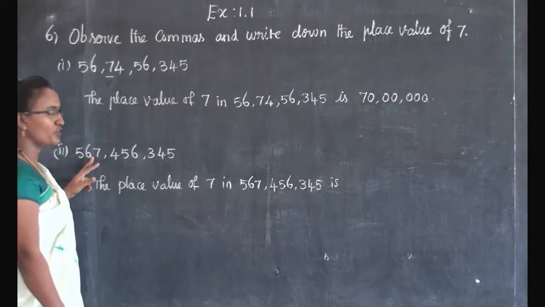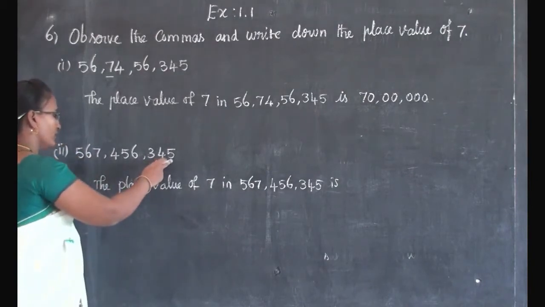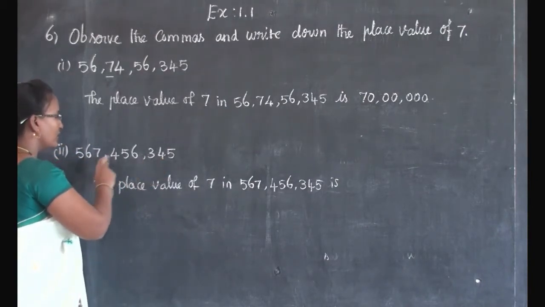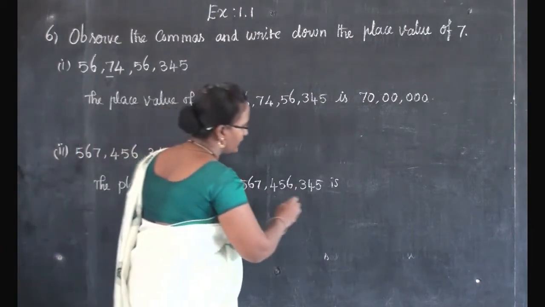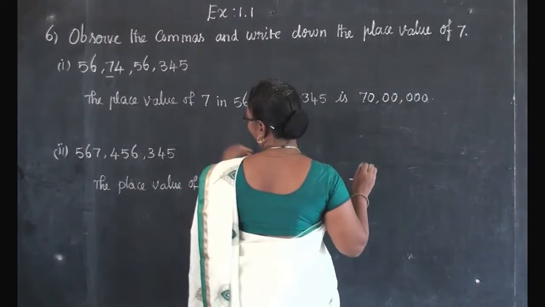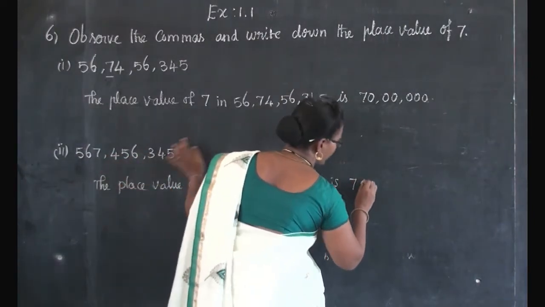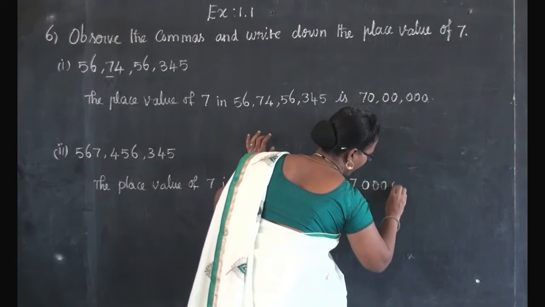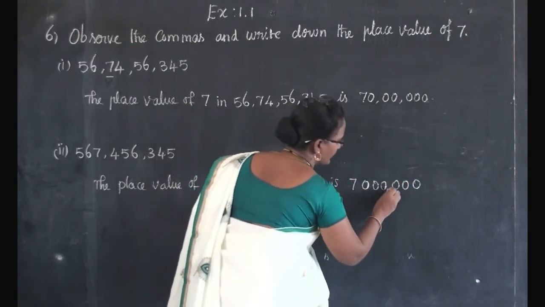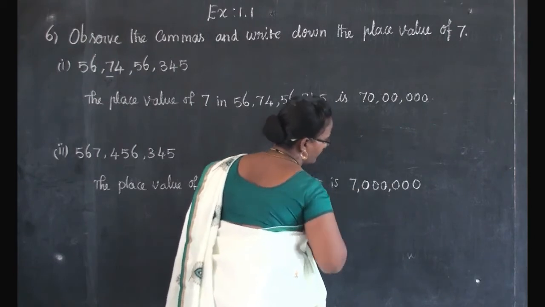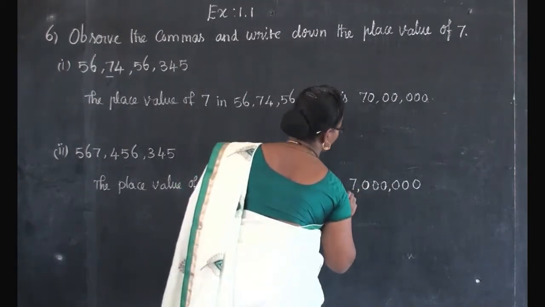What is the place value of 7 here? Ones, tens, hundreds, thousand, 10,000, 100,000, million. So 7 million. After 7, put the zeros. So that is in the international system. We put the commas like that.